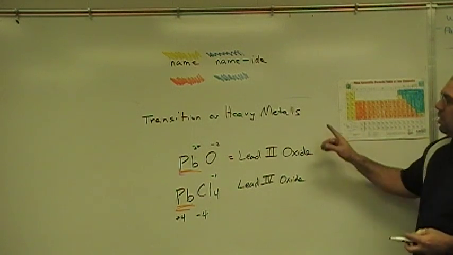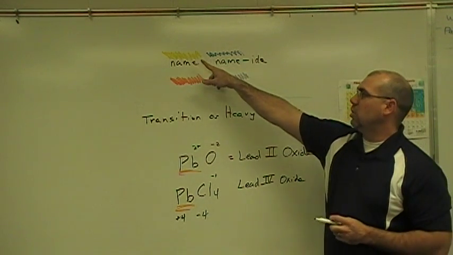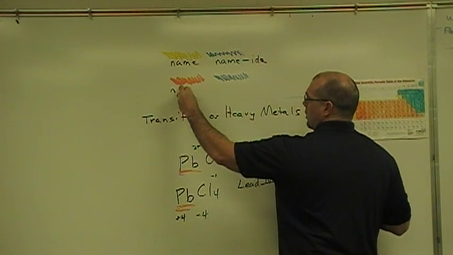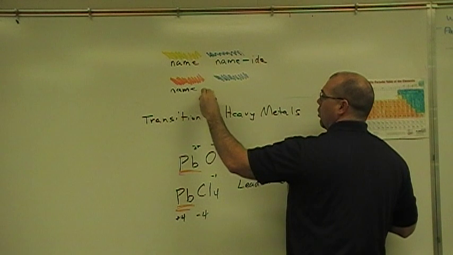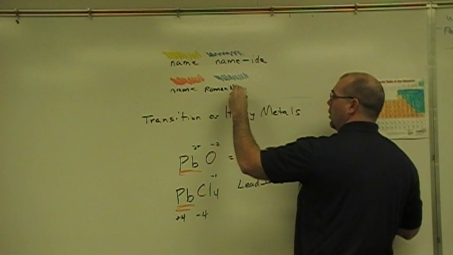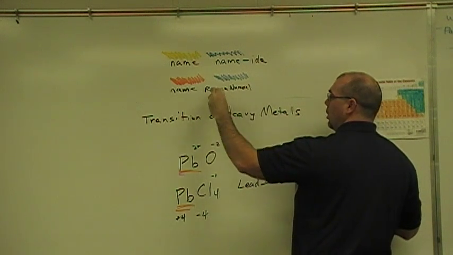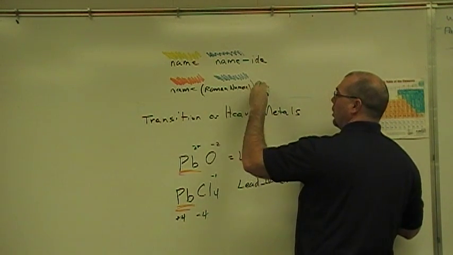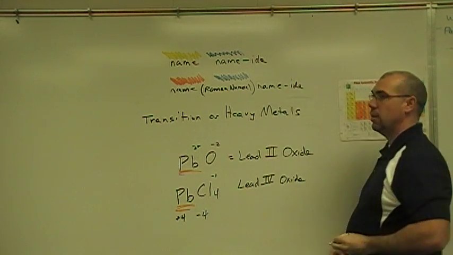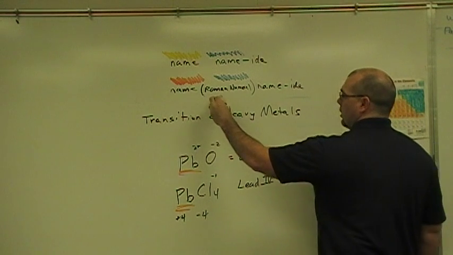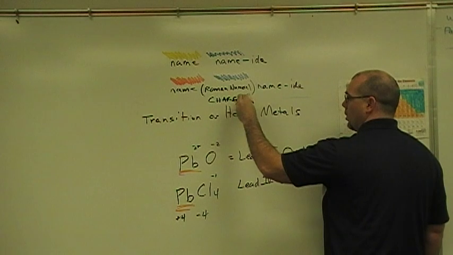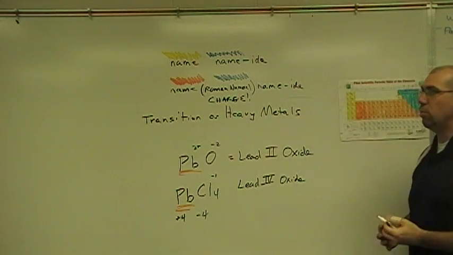So when it gets down to it at the end, the difference between naming golds and blues and oranges and blues is simply using Roman numerals. You still name -ide. Okay? The big deal is, though, remember, the Roman numeral is the charge.